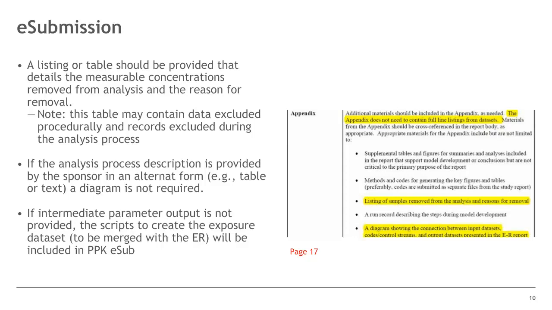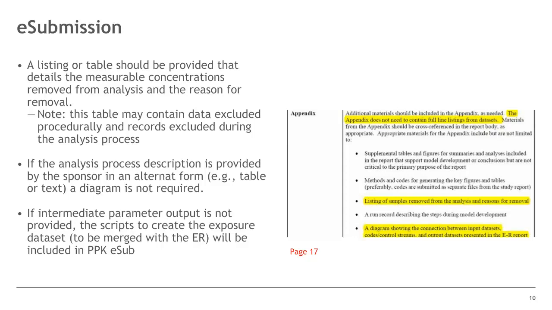And another thing highlighted here on the right is listing of samples removed from the analysis and reasons for removal. The way I interpret it, I still don't think it's mandatory to provide the listing, as long as you have a transparent table in the body of the report that says the number of subjects or samples included and excluded, and the reasons for exclusion.